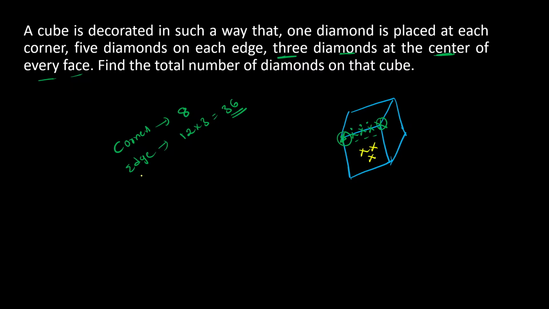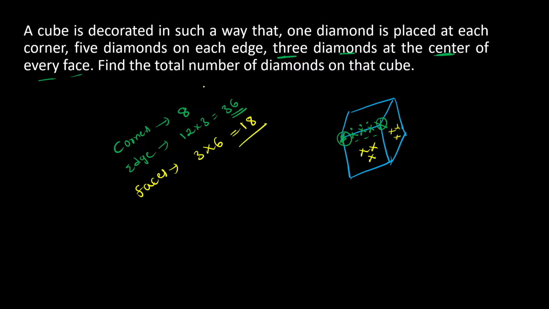Let it be this way, 3 diamonds at the center of every face, and as we have 6 faces. So as far as faces are concerned, 3 on each face, 6 such faces. So total number of diamonds will be 18.